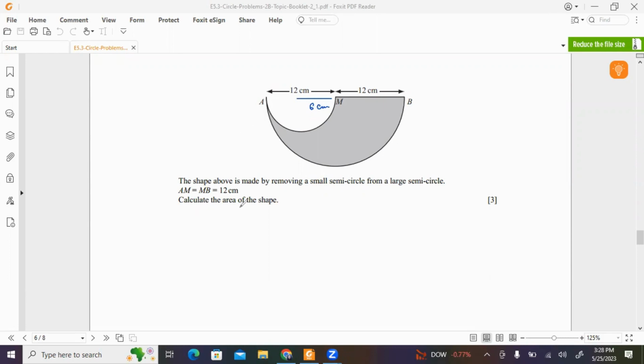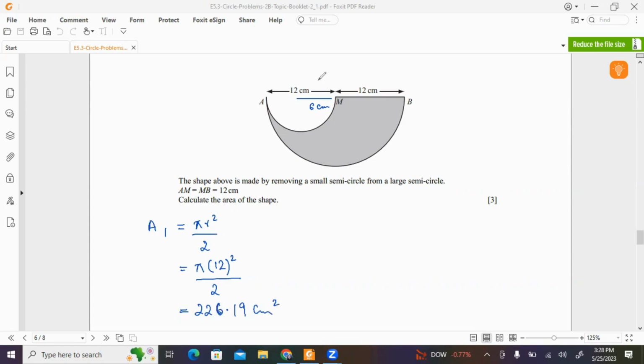It wants us to calculate the area of this shape. Area 1 will be pi r squared over 2, where your r is going to be 12. So that equals 144 divided by 2 times pi, 226.19 centimeters squared.